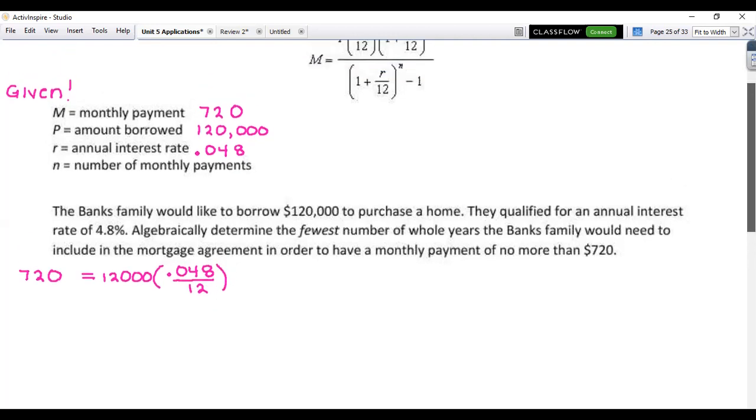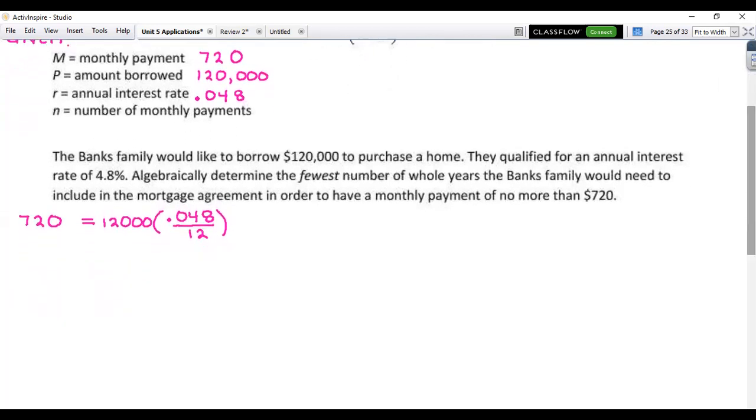And then next fraction here, we're going to go 1 plus that. So 1 plus 0.048 divided by 12. And then this is going to be raised to the n, which we don't know.